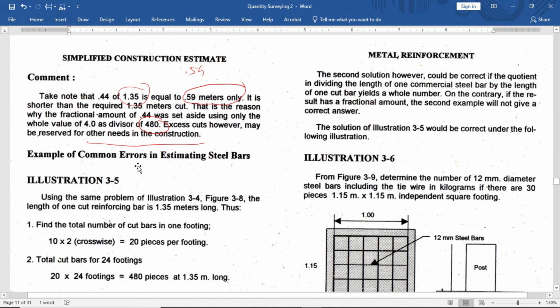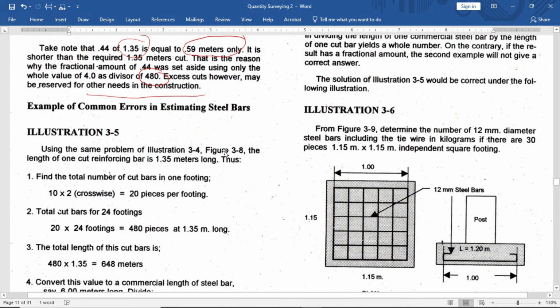So, example of common errors in estimating steel bars. So, using the problem in 3-4, figure 3-8 yung kanina, the length of one cut reinforcing bar is 1.35. Thus, so the total of cut bars in one footing, so kanina nga, binilang nga natin na 10 pieces sa isang side.